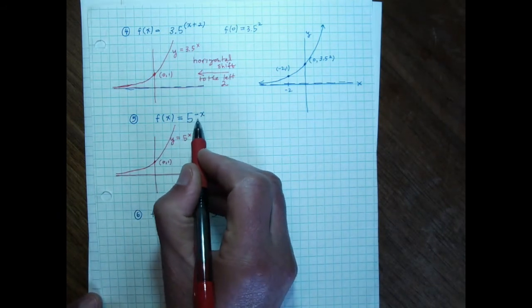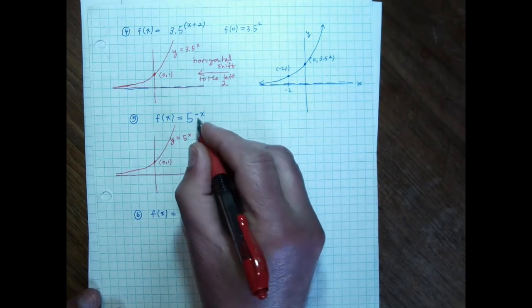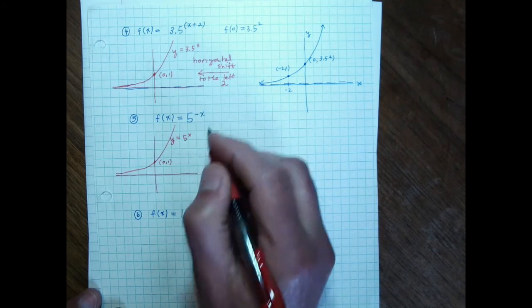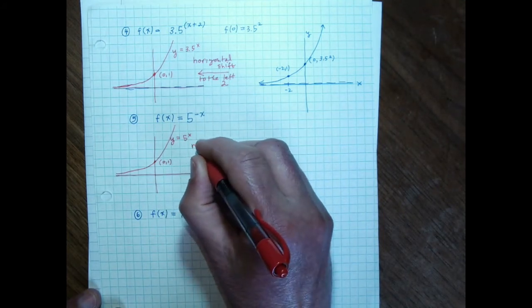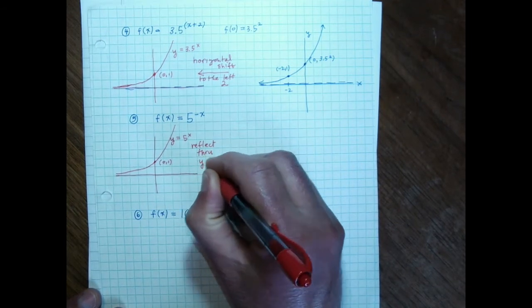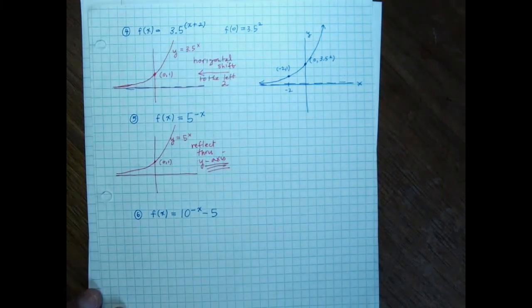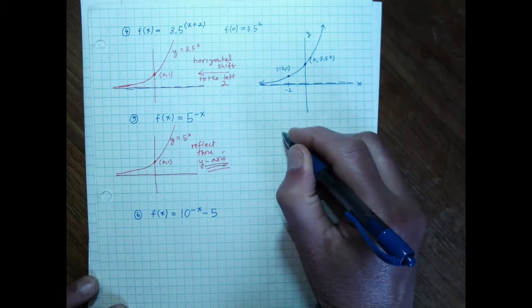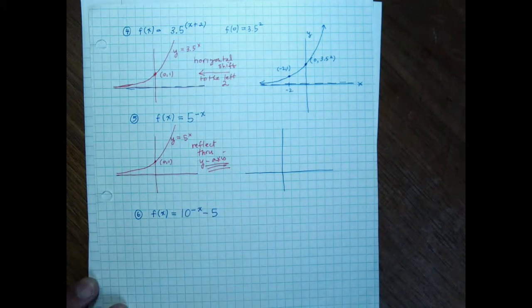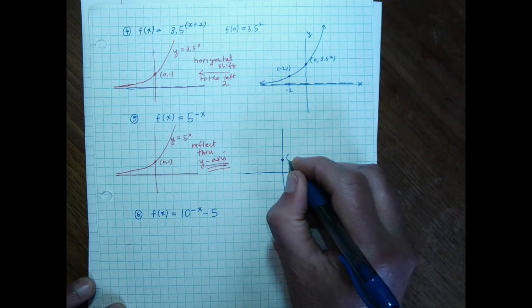But when we change the input variable to its opposite, remember this kind of transformation is another kind of reflection, we're going to reflect through the y-axis here. So I have to imagine taking this graph, and when I reflect through the y-axis, 0, 1 is just going to stay in the same position.